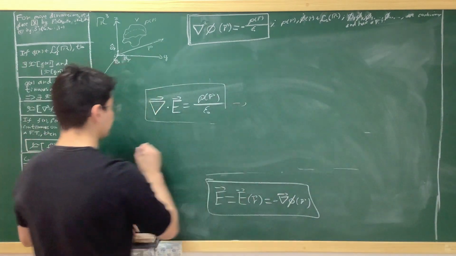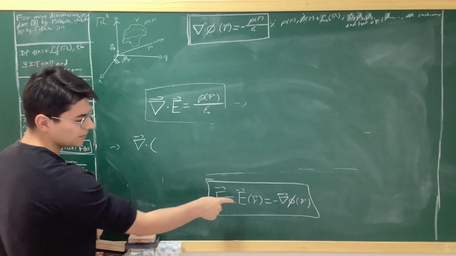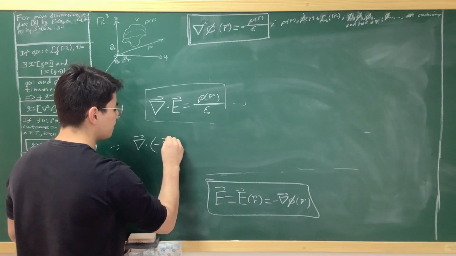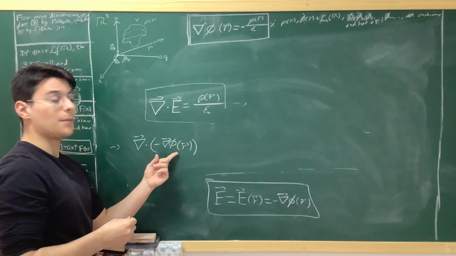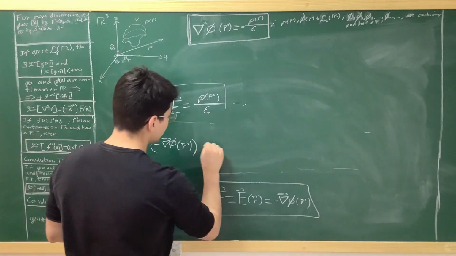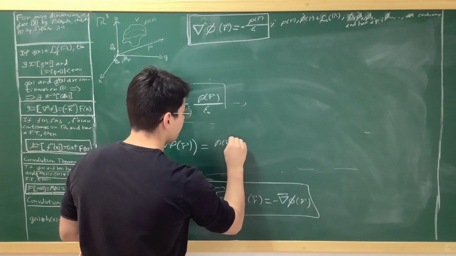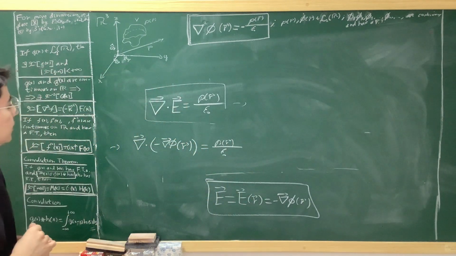What we get is the divergence of E, which is just given by this expression. So the divergence of minus the gradient of my electric potential is just the charge density over vacuum permittivity.